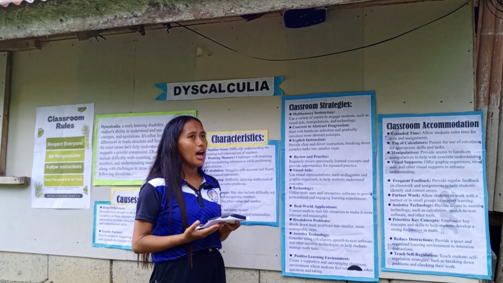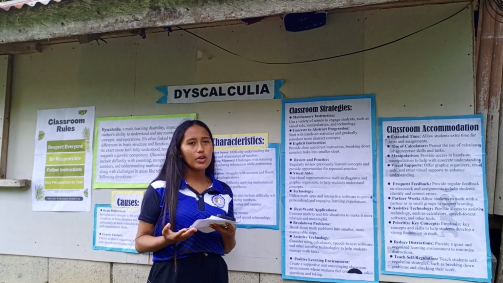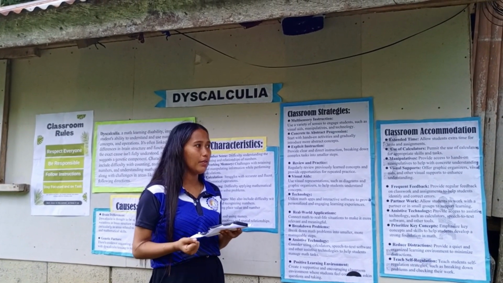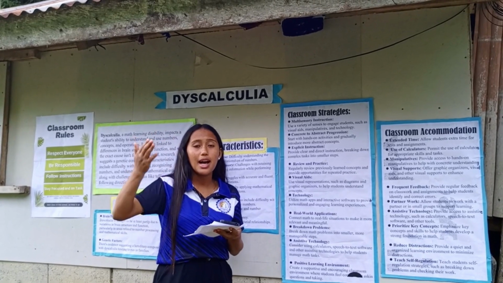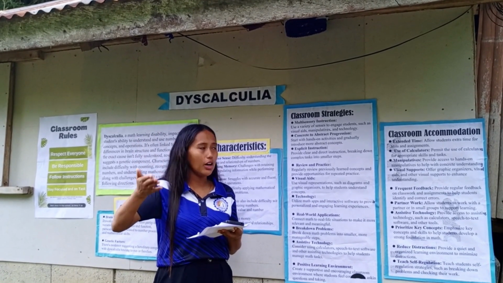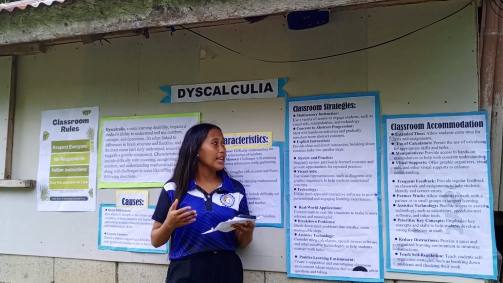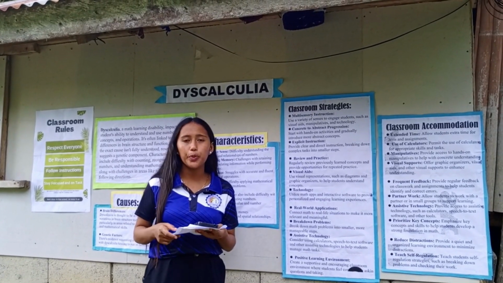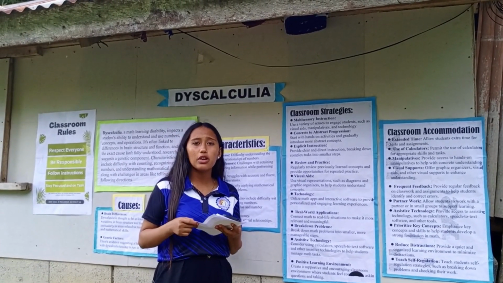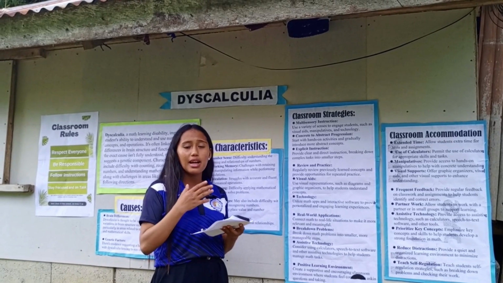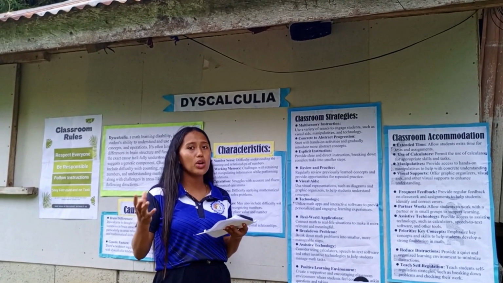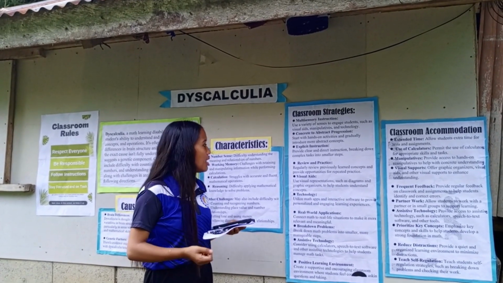So it seems like you need to introduce the activity from basic to difficult. Third is explicit instruction. In explicit instruction, you need to provide clear instruction in order for the students that have dyscalculia to understand or to grasp the information.